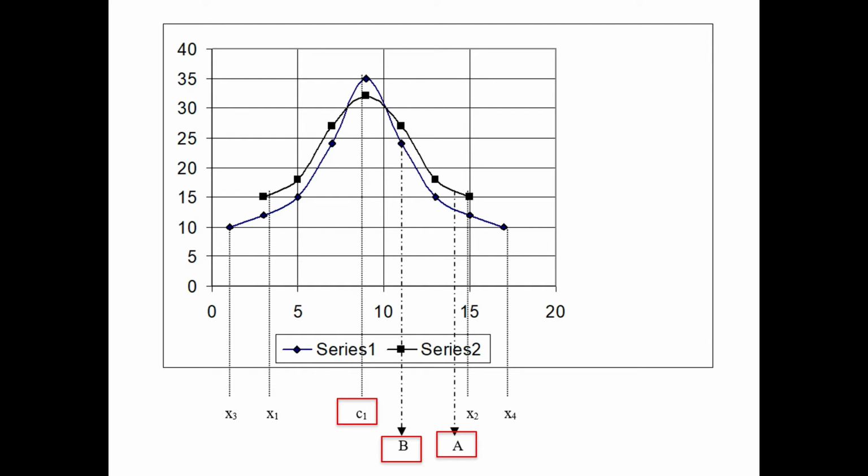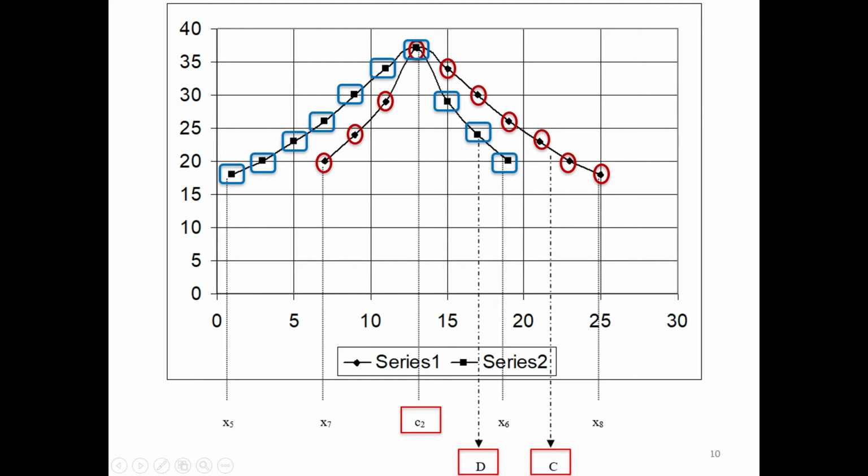Let's see, there are two types of graphs I am going to show you. There is one curve and this is the second curve. You can clearly say at this point the maximum data is there within this range. Let's take another curve. Again, the maximum data is within this range, the highest data.